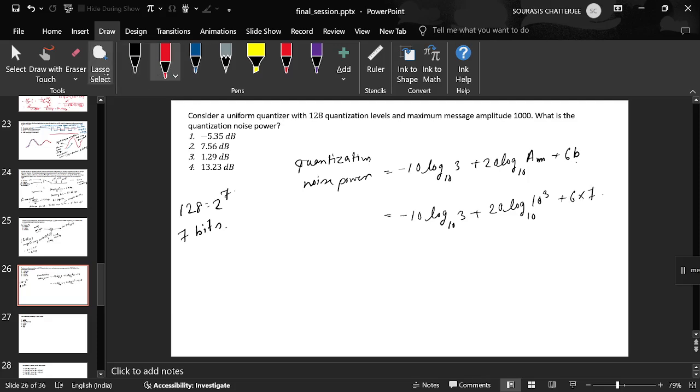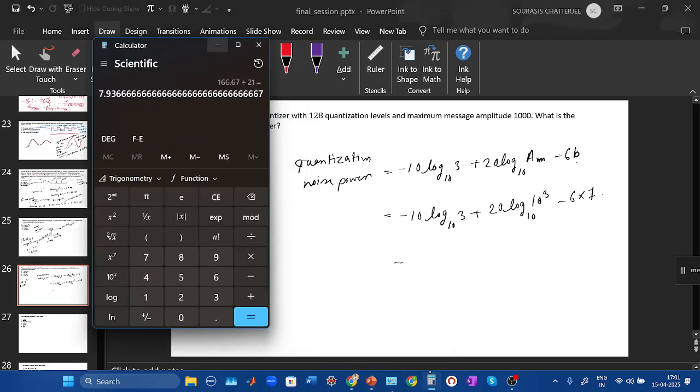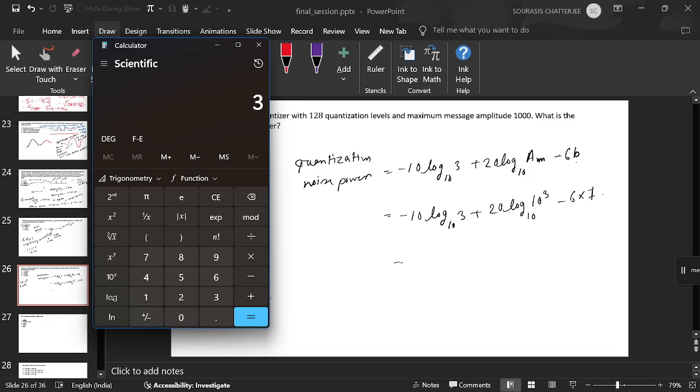Okay, this one here is minus, sorry. So we are going to have 10 log base 10 3, just let me do that.